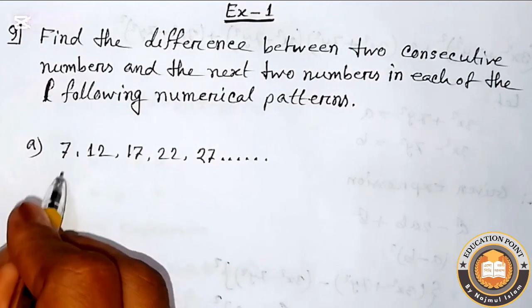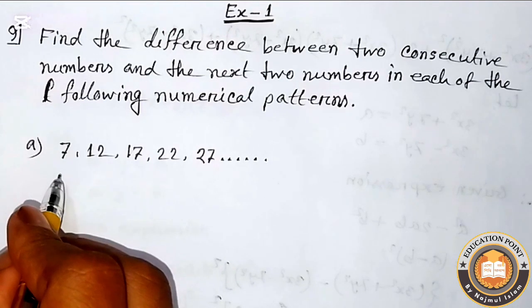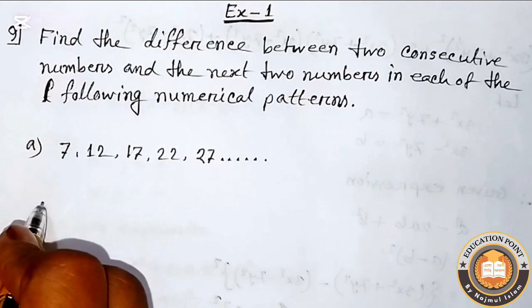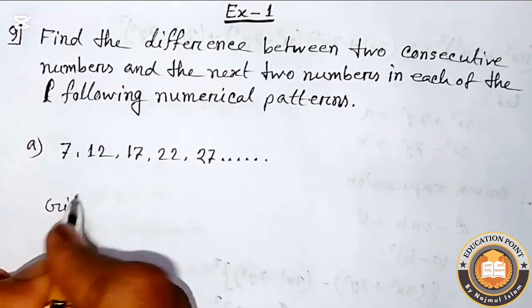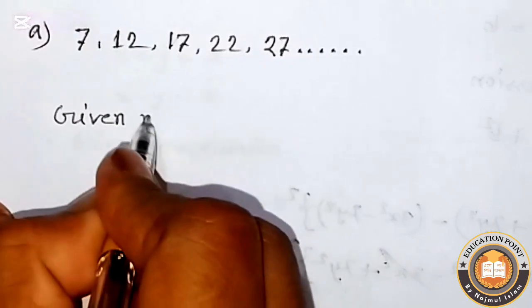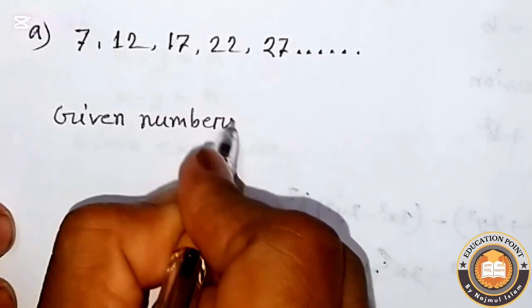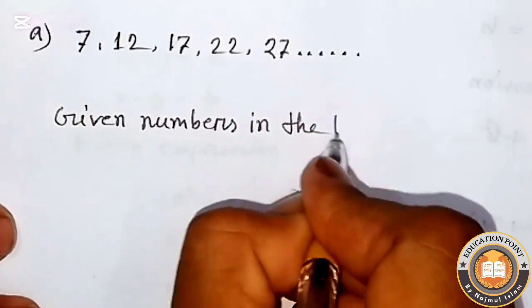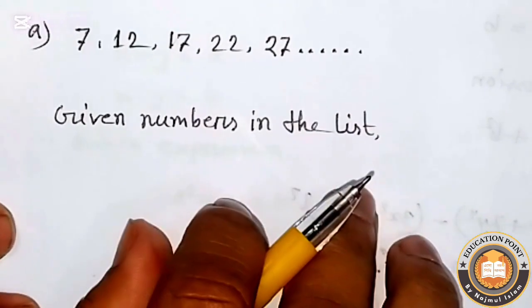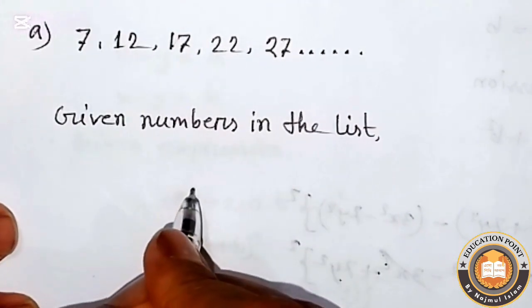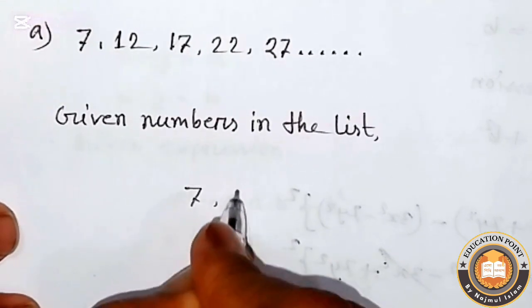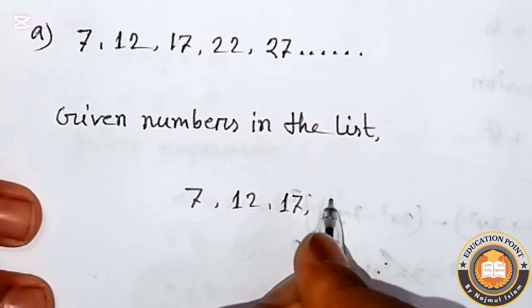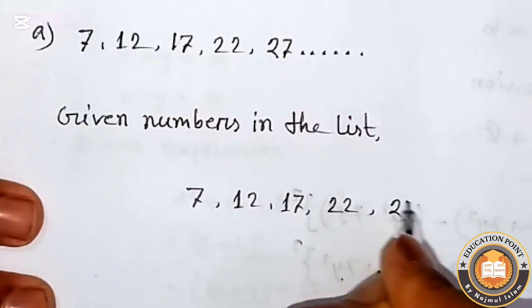pattern. Number A, 7, 12, 17, 22, 27. Given numbers in the list: 7, 12, 17, 22, 27.